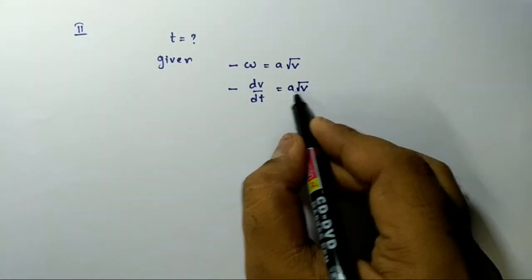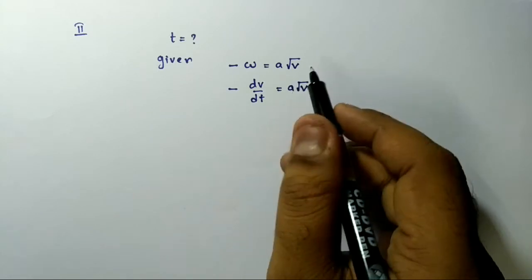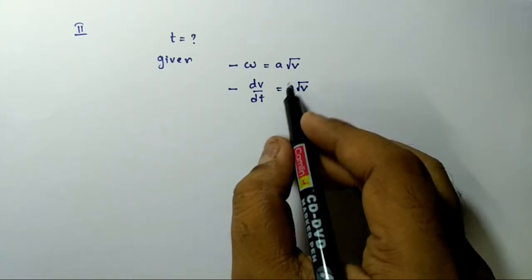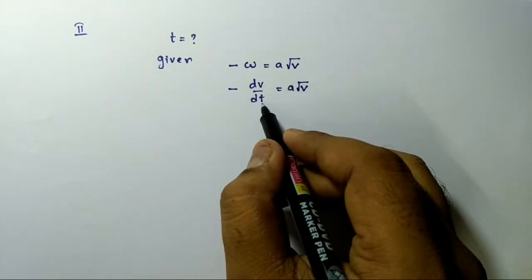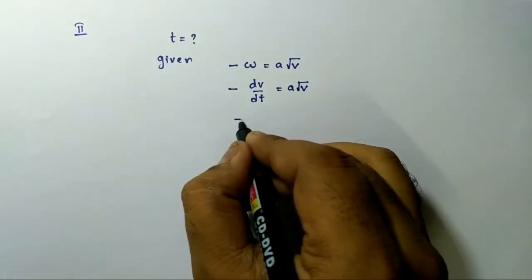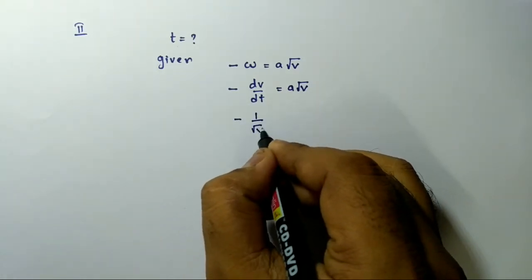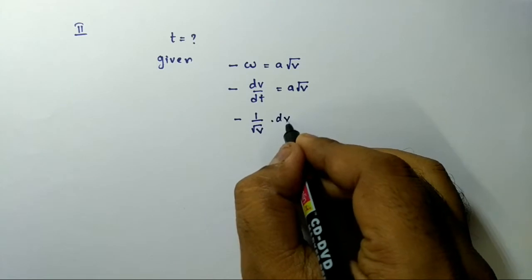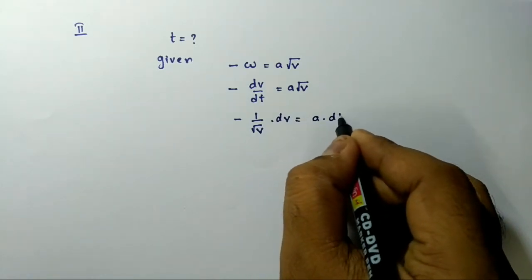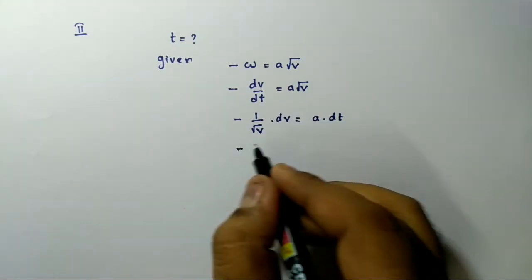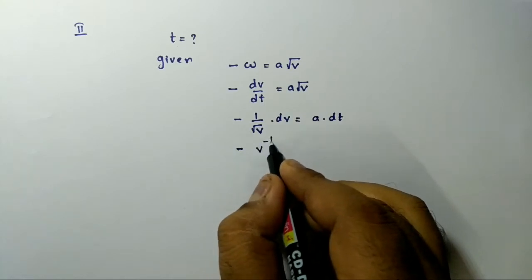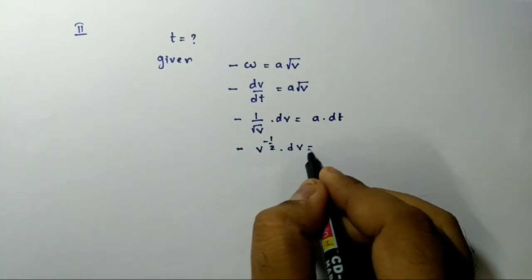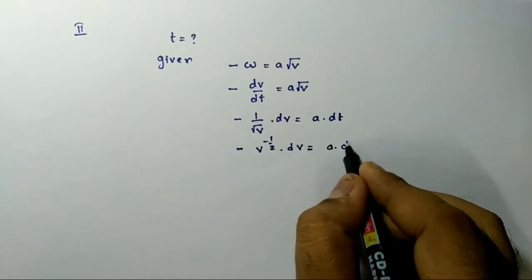Here velocity and time are variables, so I am separating the velocity terms on the left side and time terms on the right side. Minus 1 by root of v into dv is equal to a into dt, that is minus v power minus 1 by 2 into dv equal to a into dt.